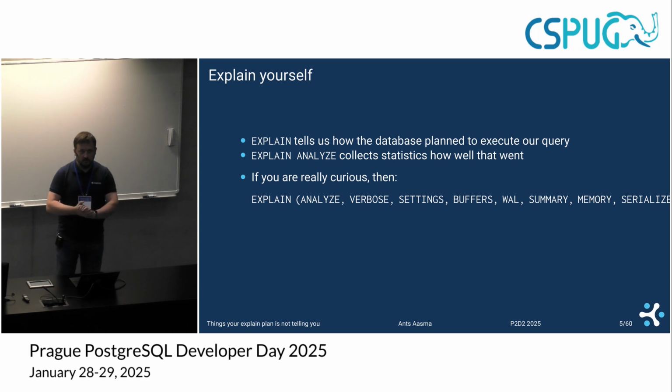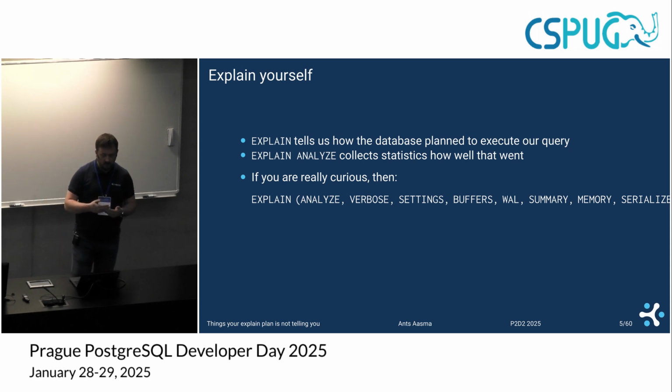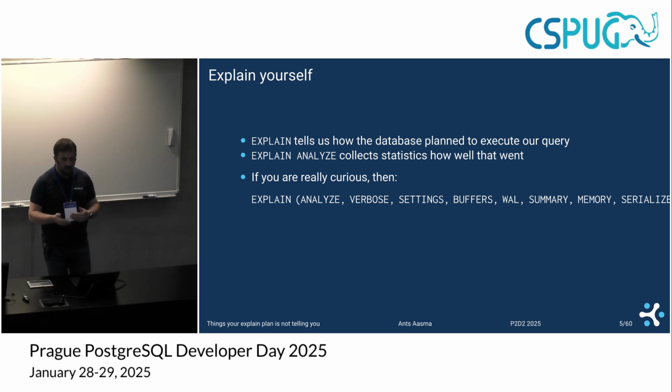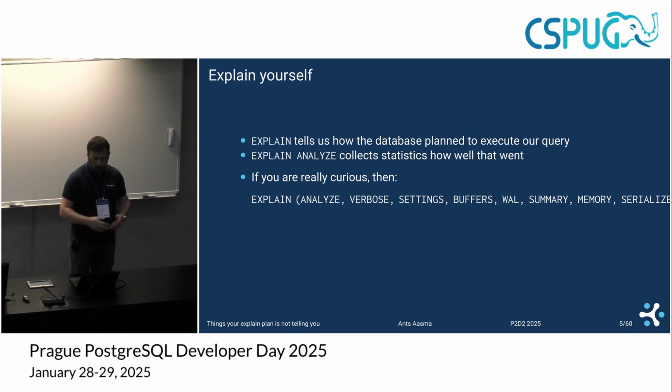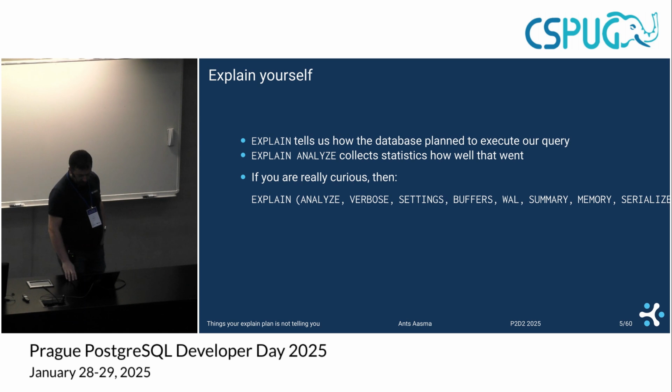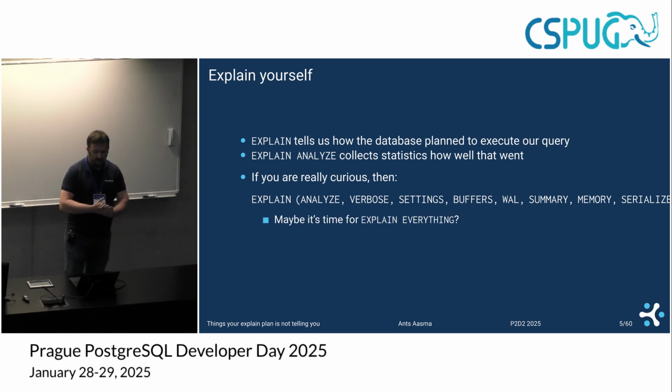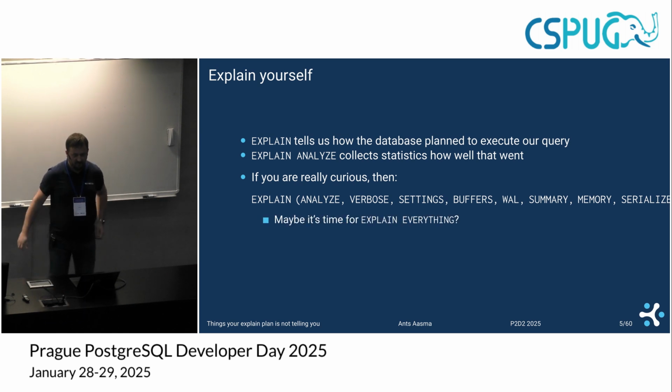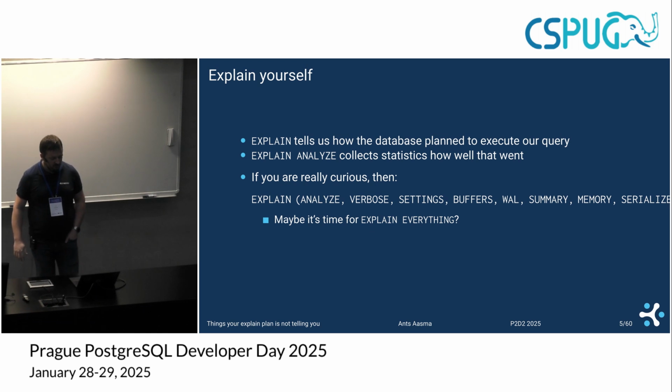And if we want some extra information, there are tons of options that we can add to explain. We can tell it to add some verbosity, tell us what the settings were, how many buffers were used, write ahead log statistics, and so on and so forth. And maybe it's time to add an explain everything command in case we want to get all of the information at the same time.